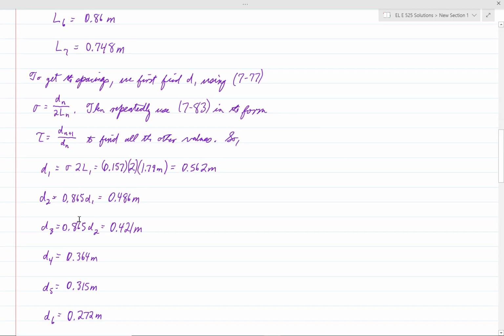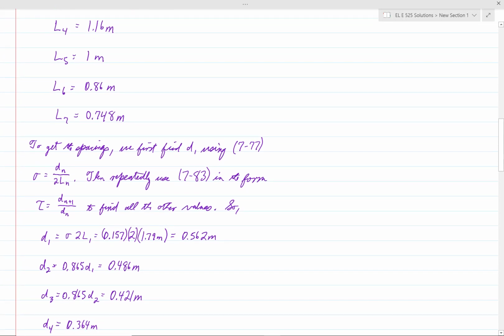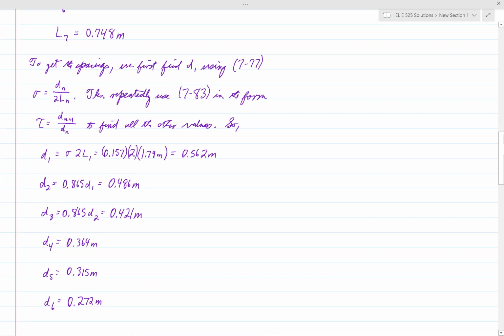So D2 will be equal to tau times d1, d3 will be tau times d2, and etc. Each time just multiply by tau, which again is 0.865. So we get d2 is 0.486 meters, and d3 is 0.421 meters, and so on down to d6.